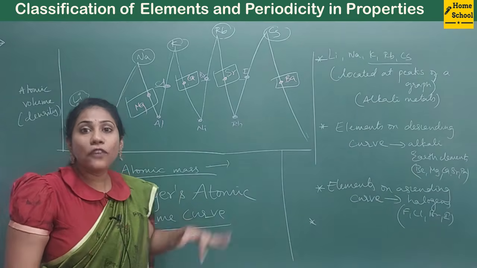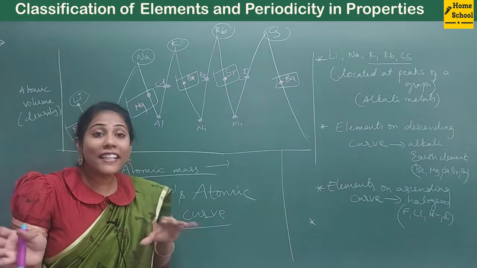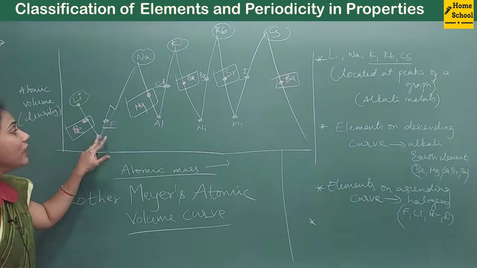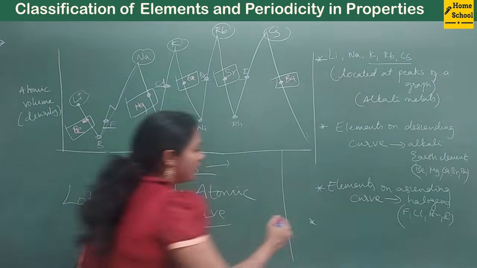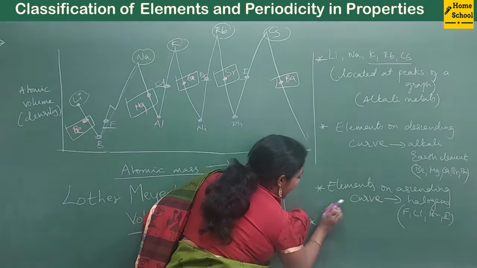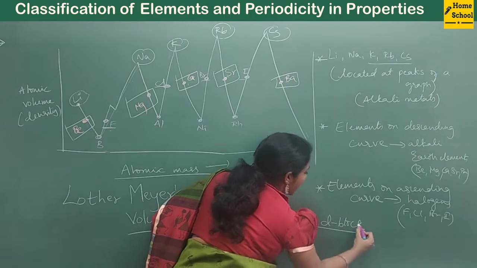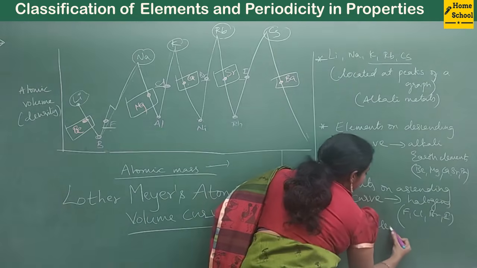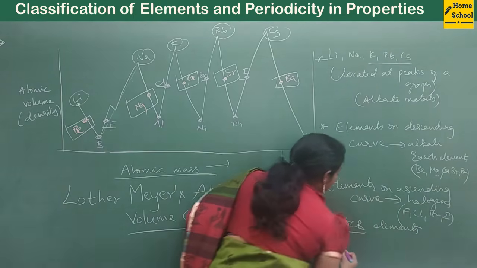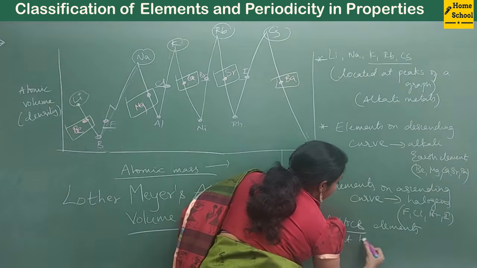So the rest of the elements, P block elements and D block elements, occupy the bottom peak. Don't worry about this word, we will study it in the modern periodic table. So D block elements are found at the bottom peak.